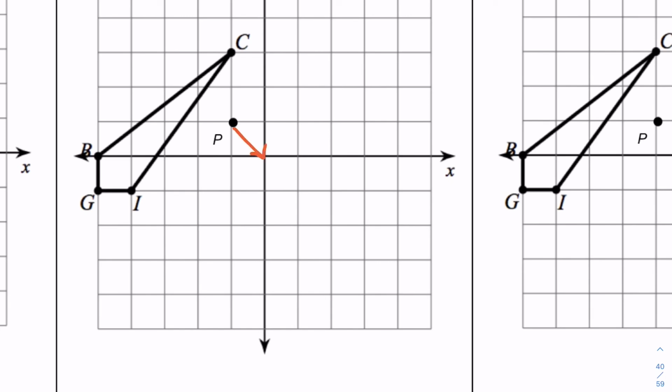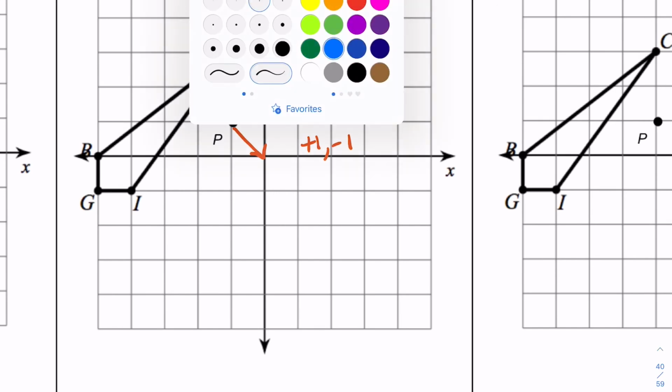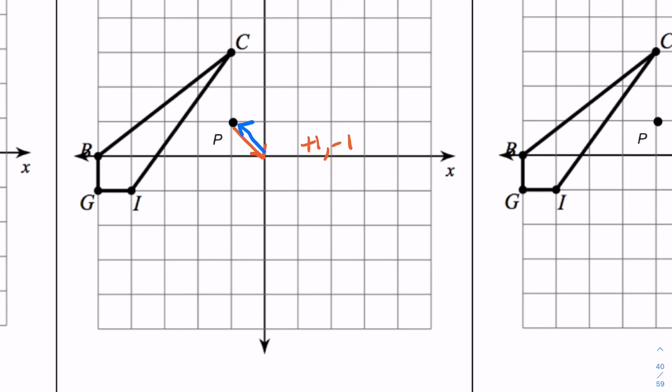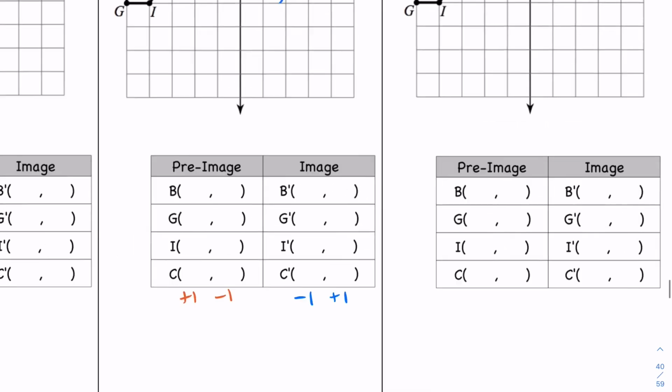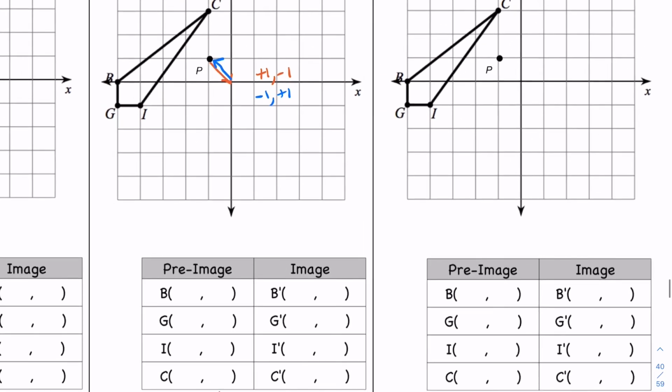We have to bring P back, so I would have to add 1 and then take 1 away. And then to move it back, I would have to take 1 away and then add 1. So it's going to be minus 1 plus 1, and this one will be plus 1 minus 1. All right.